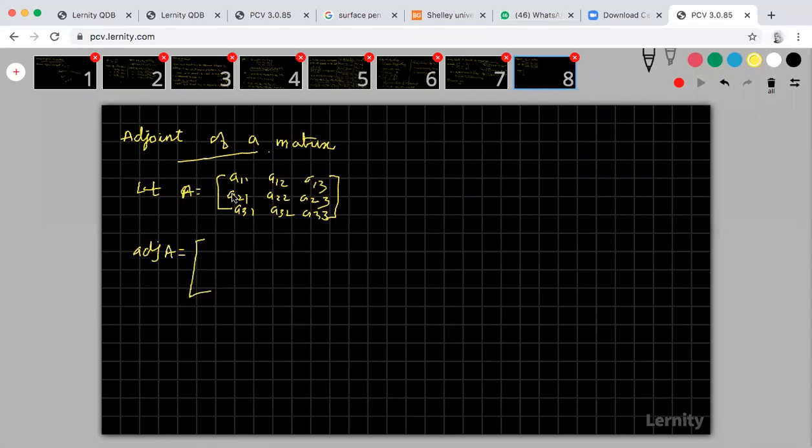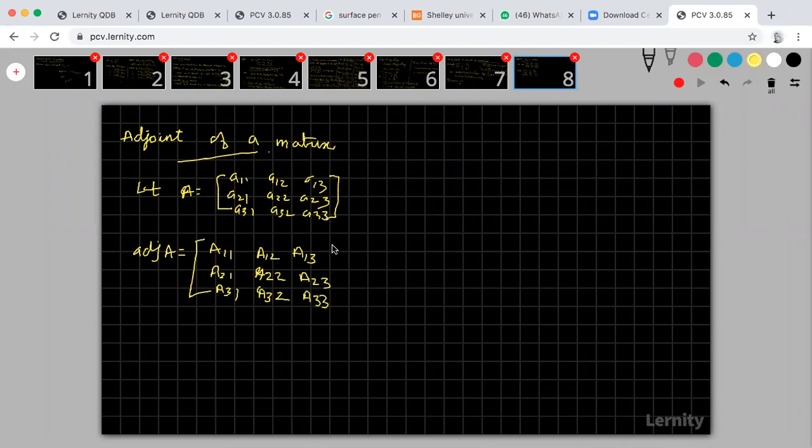Okay, so you just list all the cofactors. What is the cofactor of this A11? That is capital A11. What is the cofactor of this A12? That is capital A12. What is the cofactor of this A13? That is capital A13. Then A21, A22, A23, A31, A32, A33.